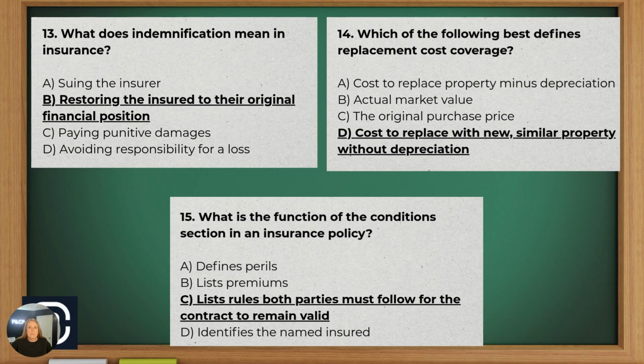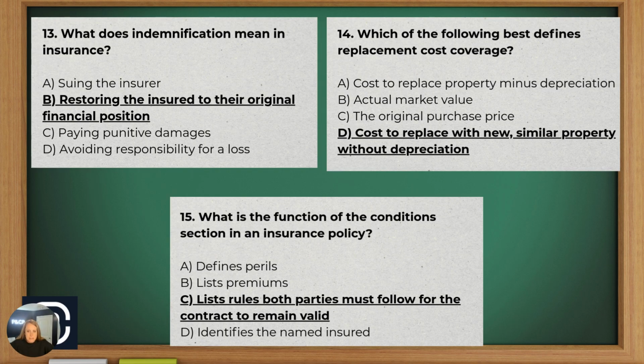Questions on the exam that you want to look out for: with indemnification, one of the key factors is that the insurance company's purpose is not to overpay on a claim. So you may have a question that says indemnification is designed to avoid what? It's designed to avoid overpaying on a claim.